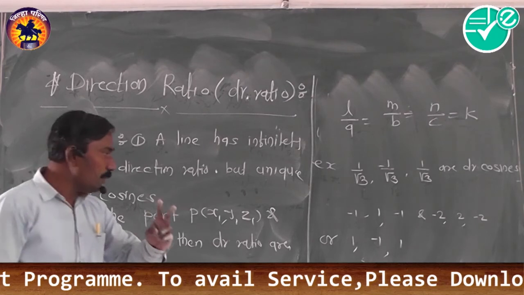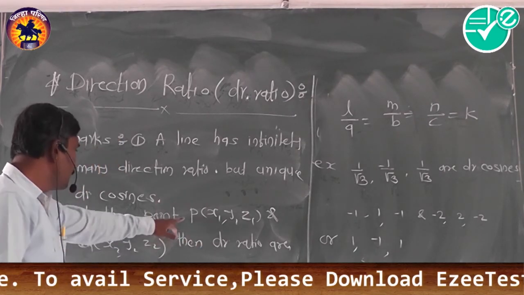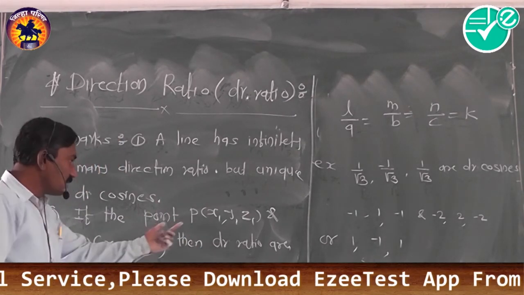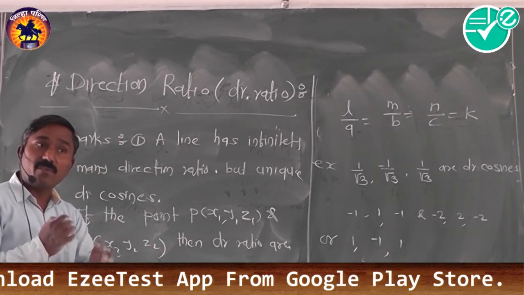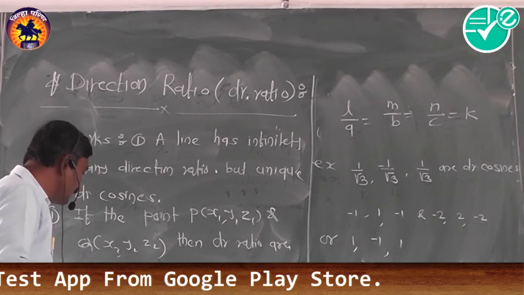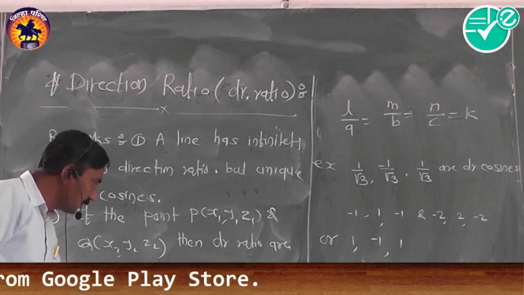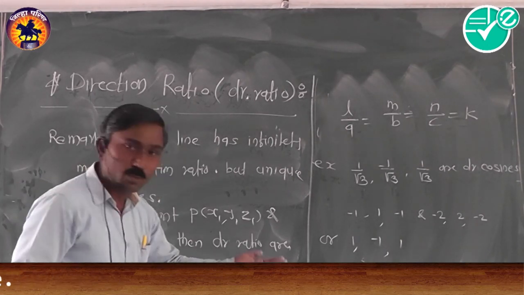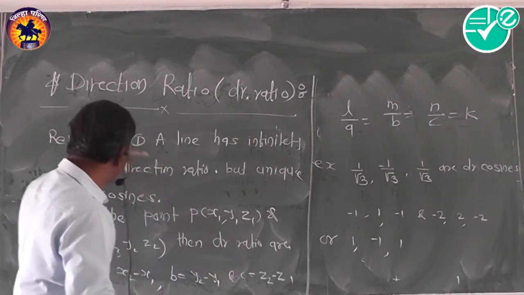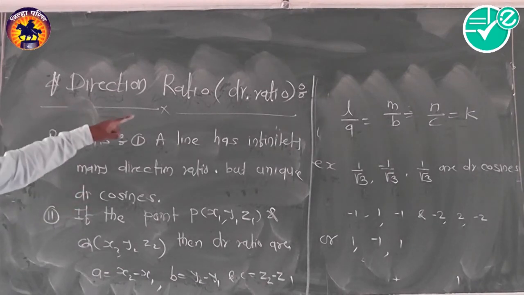If we have two points P and Q on the line with coordinates x1, y1, z1 and x2, y2, z2, then we can find the direction ratios of that line. These are the two important remarks of direction ratio.